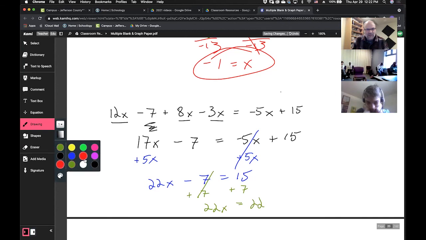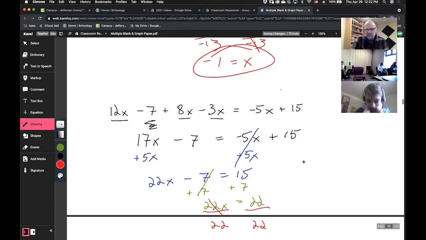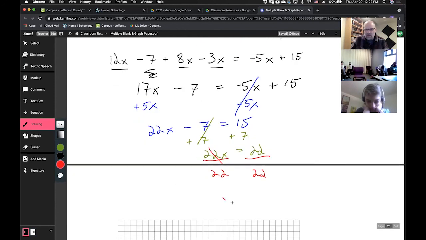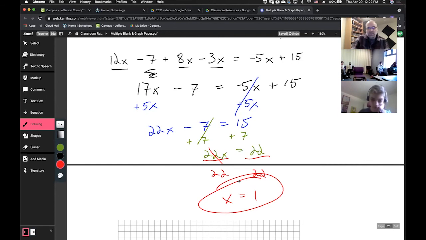All right, this will work. How do you get rid of 22? You divide it. Boom. And then you get x equals 1. You can pop it back in there, check it, make sure it works, but it does. So good job, guys.